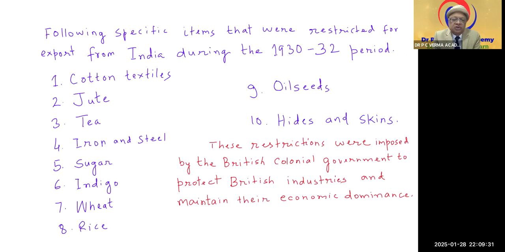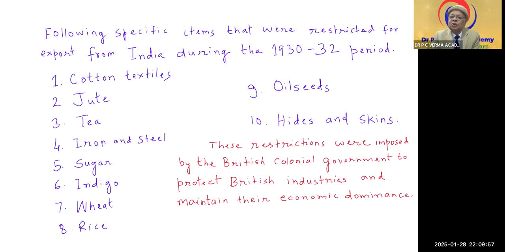Number four, iron and steel. Number five, sugar. Number six, indigo. Number seven, wheat. Number eight, rice. Number nine, oil seeds. Number 10, hides and skins. These restrictions were imposed by the British colonial government to protect British industry and maintain their economic dominance.